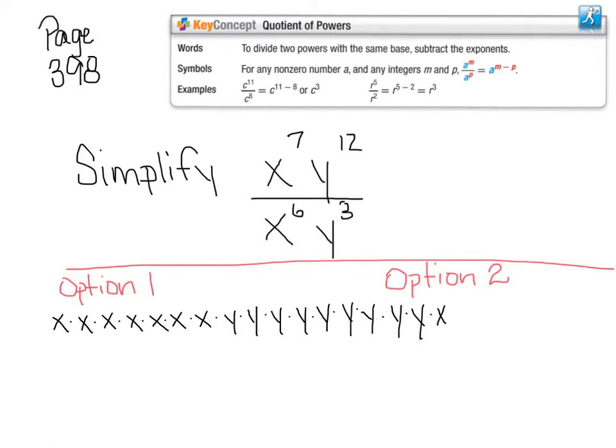Oops, my y's are starting to look like x's. Okay, and then you do the same thing in the denominator.